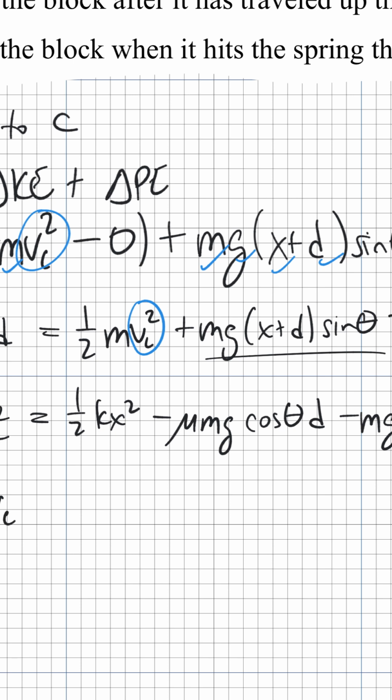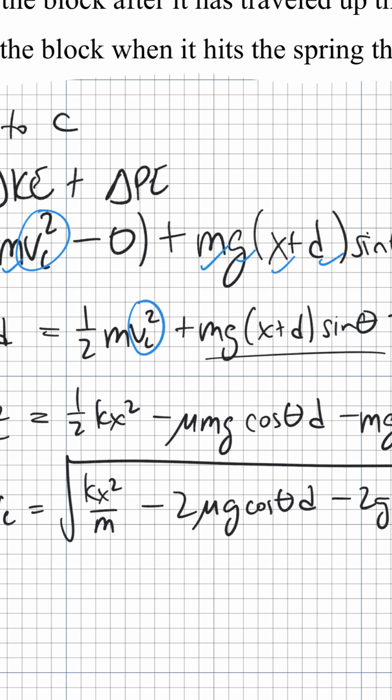So vc equals, multiply this by 2 over m, kx squared over m, minus 2 mu g cosine theta d, minus 2 g x plus d sine theta. And we'll put a giant square root on all of that.